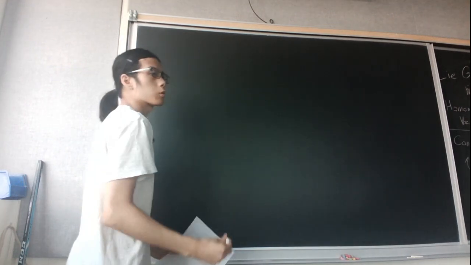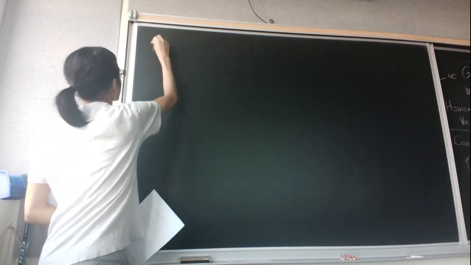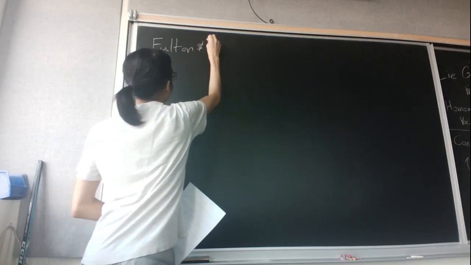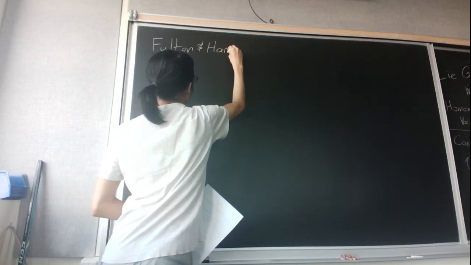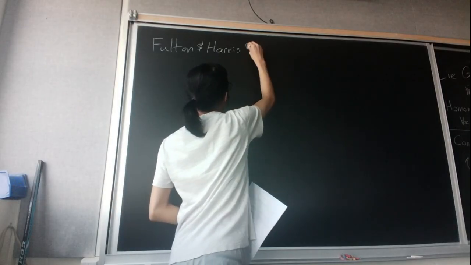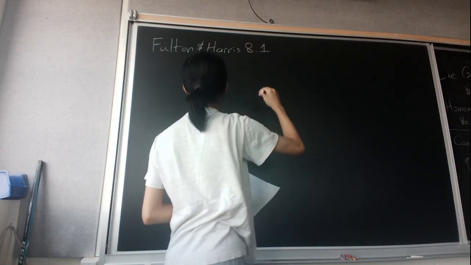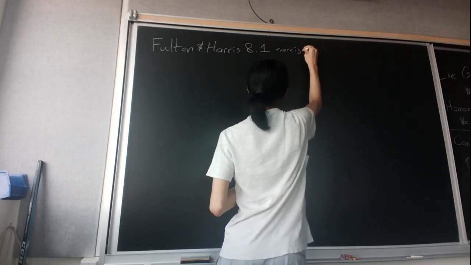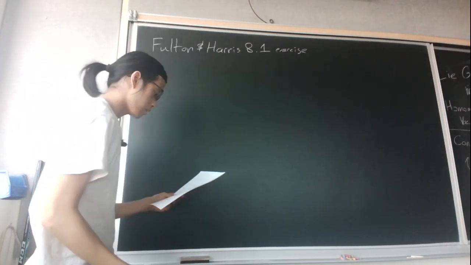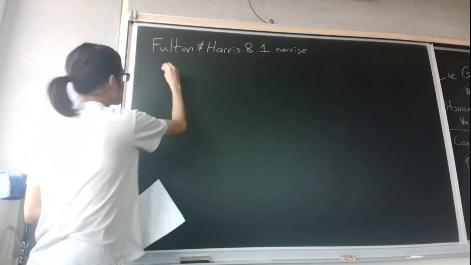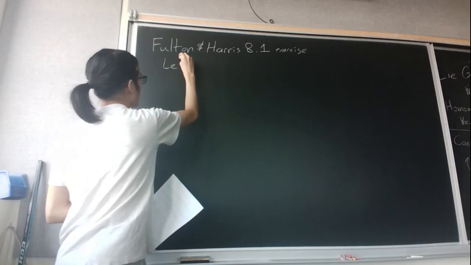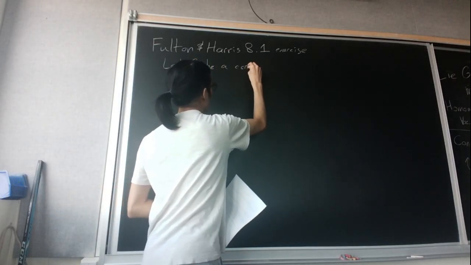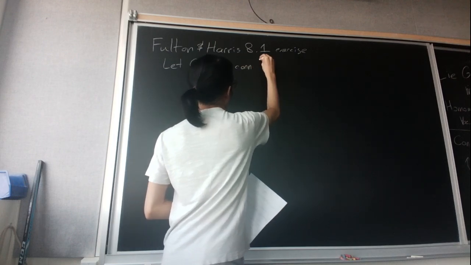Okay, so we're going to solve one of the exercises at the start of the covered section. So this is exercise 8.1. The exercise is: let G be a connected Lie group.